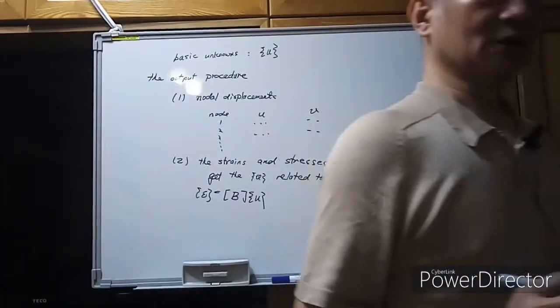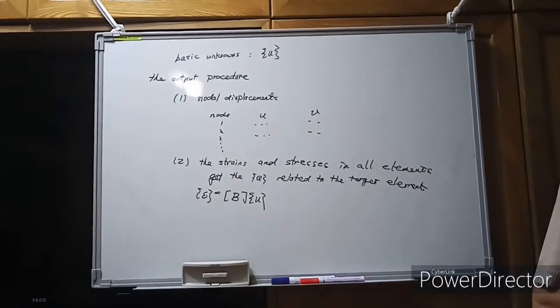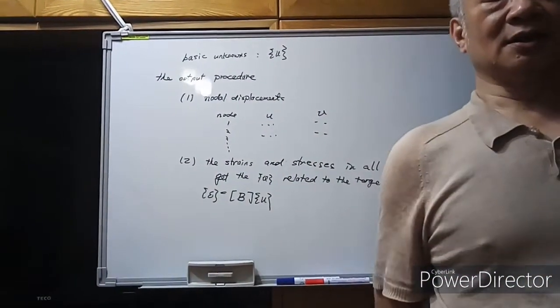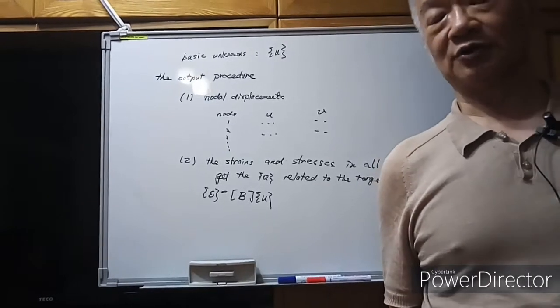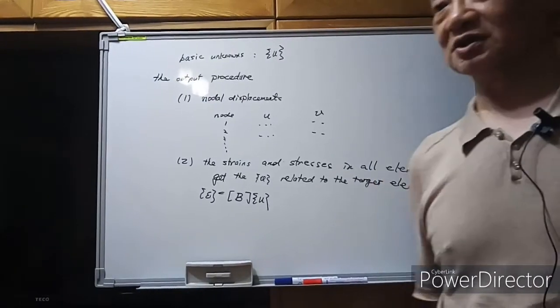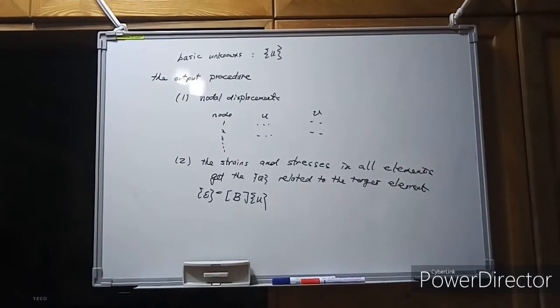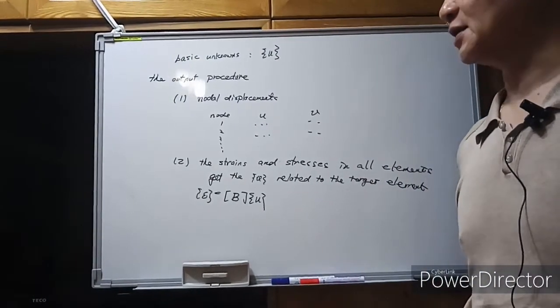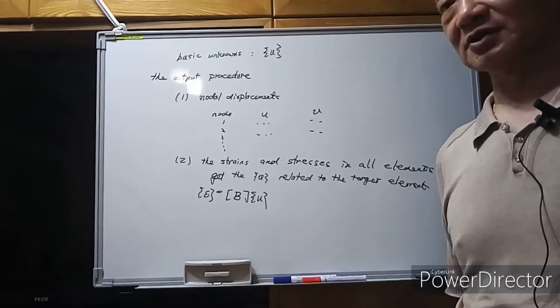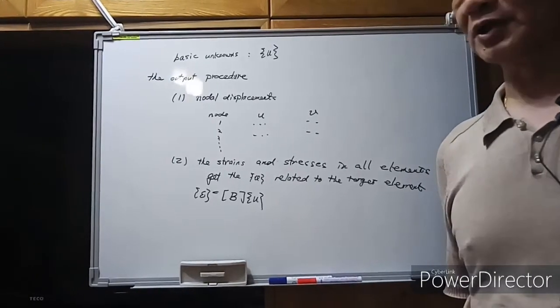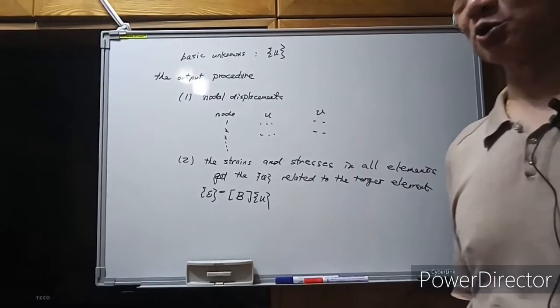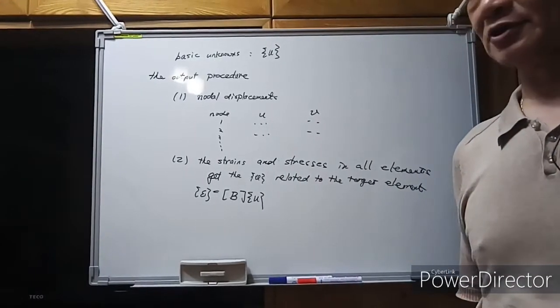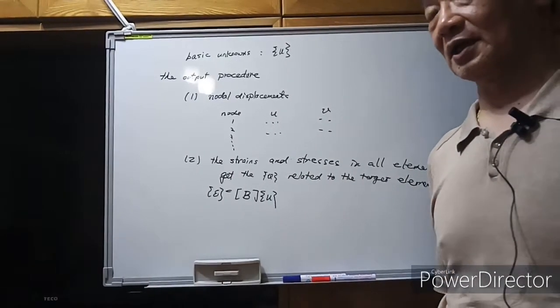Okay, so remember when we derived the element stiffness matrix, we used the shape functions to interpolate the displacement fields inside this element. Also, we use the partial derivatives with respect to xi and eta.